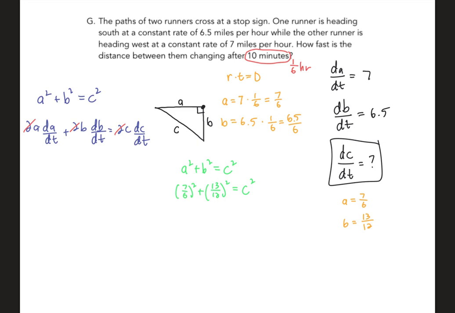So 14 over 12 squared: 14 squared is 196 over 12 squared, which is 144. 13 squared is 169 over 144. That equals c squared. So c is the square root of those two fractions added. 196 plus 169 is 365.